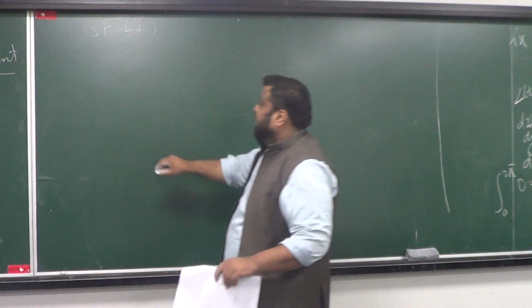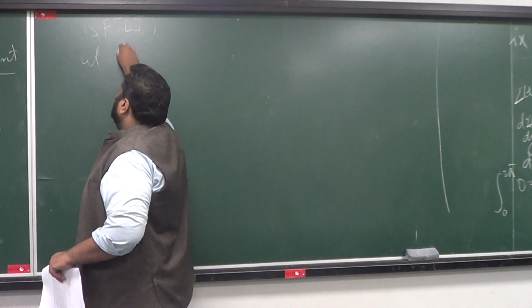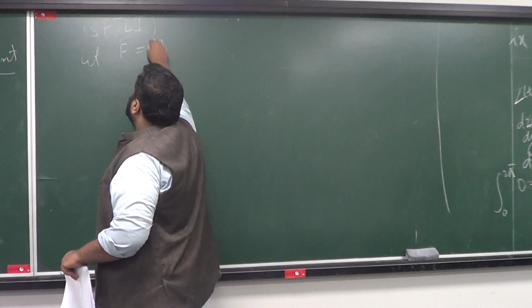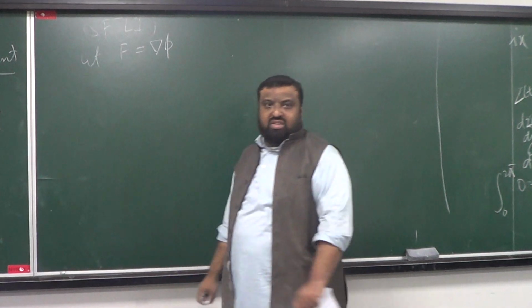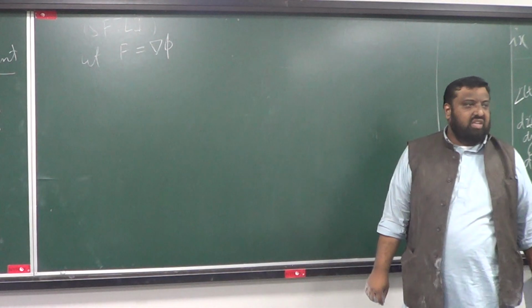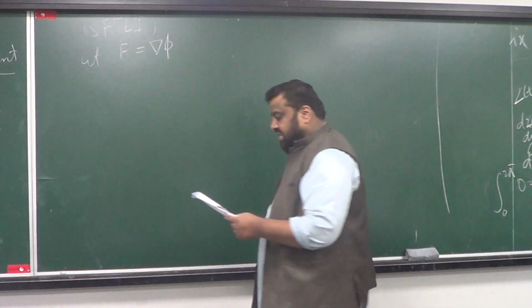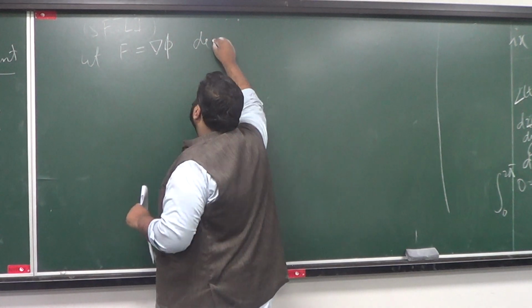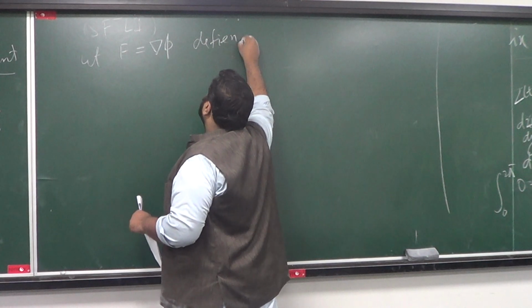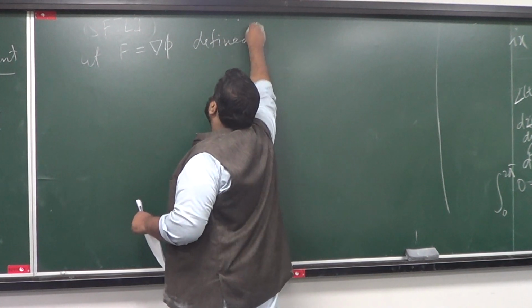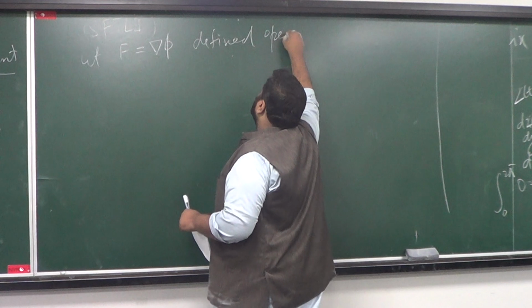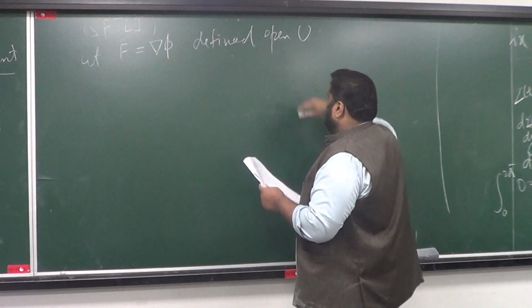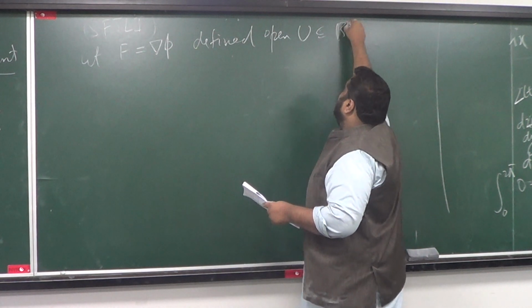So what does this say? Imagine you have f that is a gradient field. So it's a gradient of a scalar field, defined on an open U, that is obviously a subset of Rn.